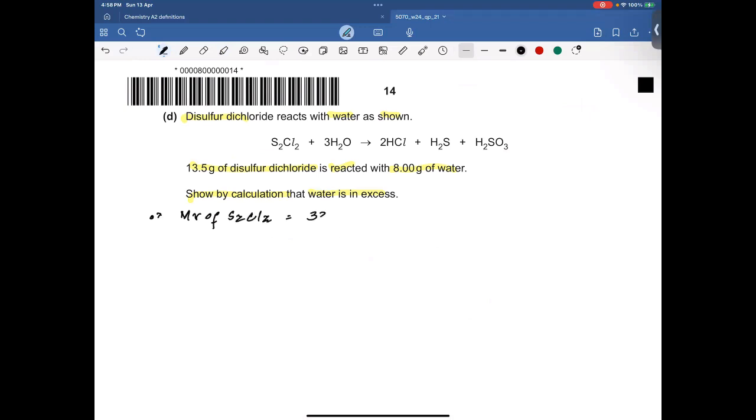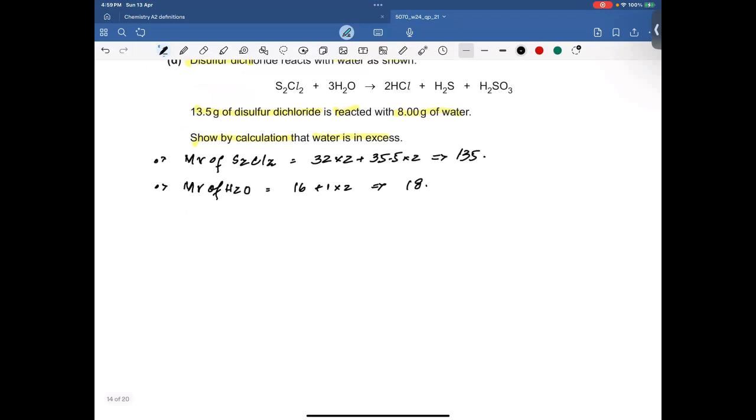Sulfur has a mass of 32 into 2 plus chlorine has a mass of 35.5 into 2. So it's going to be 135. Let's take out the Mr of water. Oxygen is 16, hydrogen is 1, multiply by 2. So it's going to be 18.